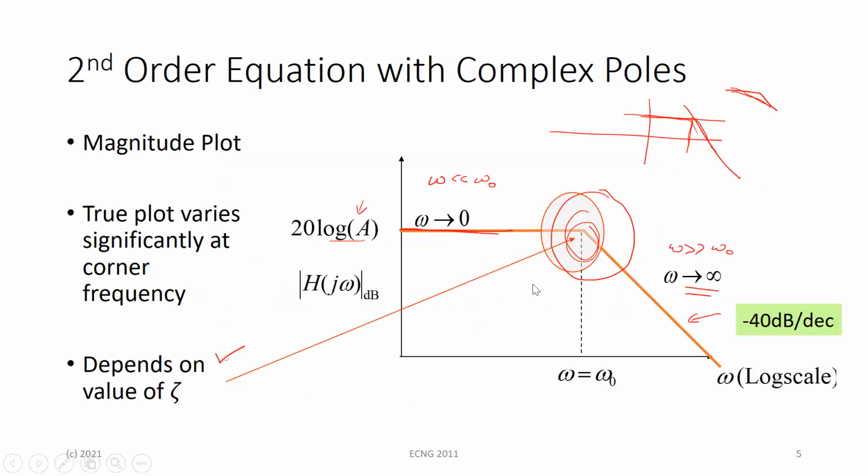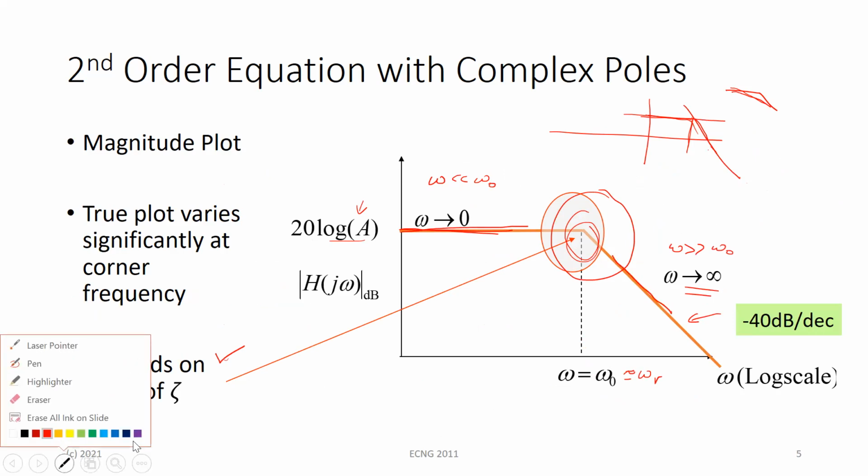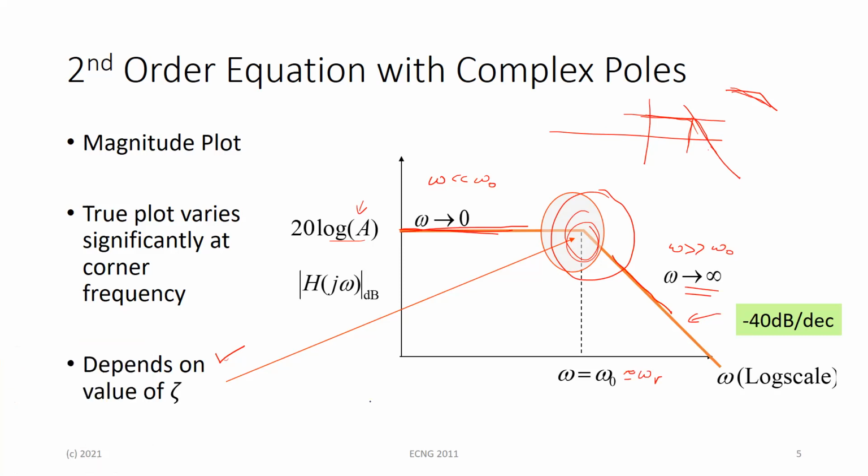So in other words, if omega is approximately omega r, then we have this straight line response here, but as we get to the frequency omega 0 equal to omega r, the magnitude of H of j omega is going to increase.